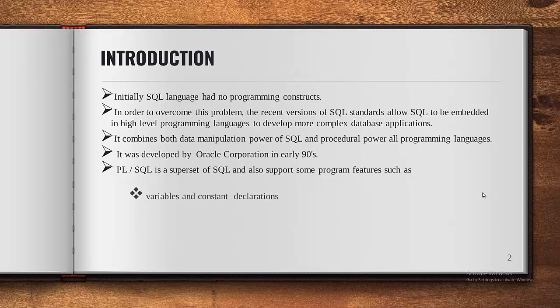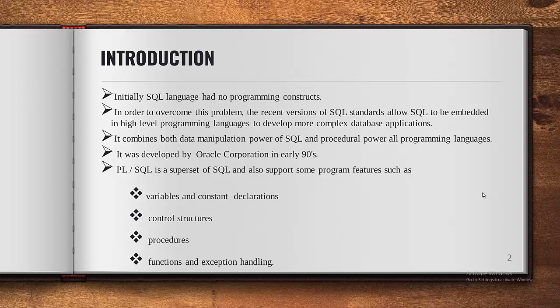For example, variables and constant declaration. We can declare variables on our own, and we can even use constants on our own. Not only that, we can also use control structures like if statements and for loops, and we have procedures. Procedures are like functions, and we can also use functions and exception handling.